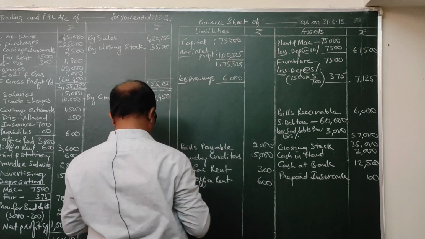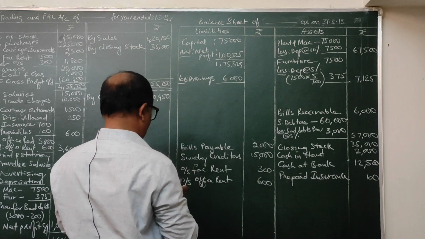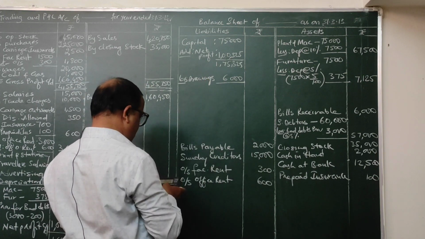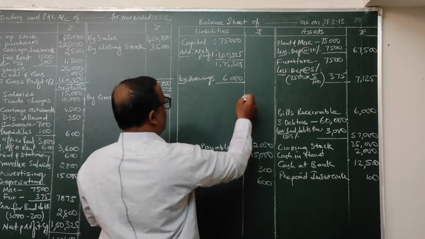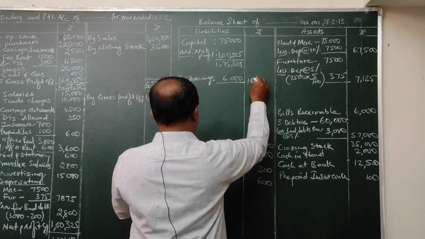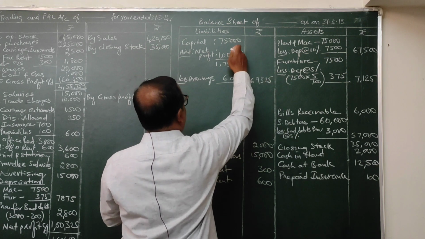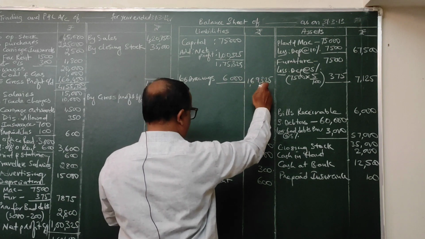If you add these two, it is 1,75,325. From this, let's subtract the drawings of 6,000. The remaining is 1,69,325.